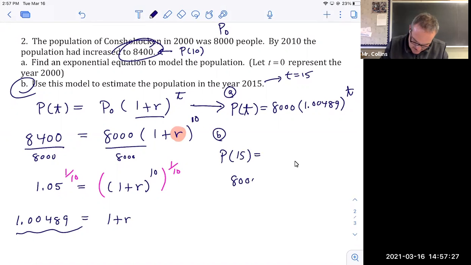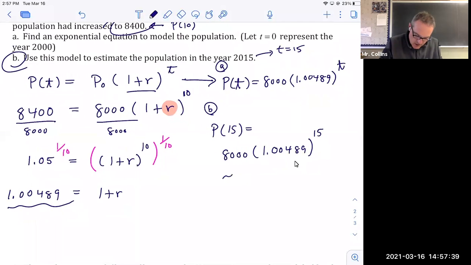It's 8,000 times 1.00489 raised to the 15th power. Again, all of this you're going to need a calculator for. But the population should ramp up to over 8,600. I guess I'll be as close as I can, about 8,607, right?